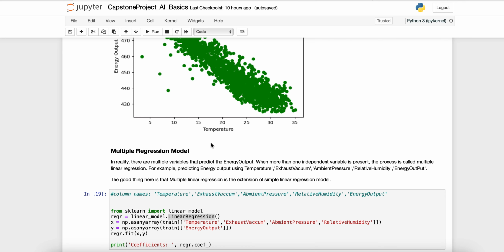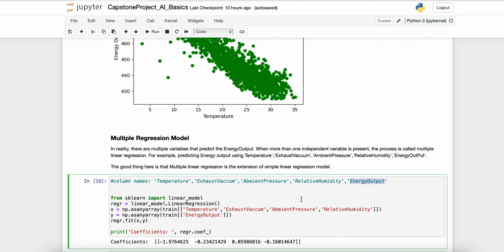So here I have identified that we have more than one feature: temperature, exhaust volume, ambient pressure, and relative humidity to predict the output. Here our target is energy output. Since we have more than one, according to theory, we shall use a multiple regression model. So I have opted to use multiple regression here.